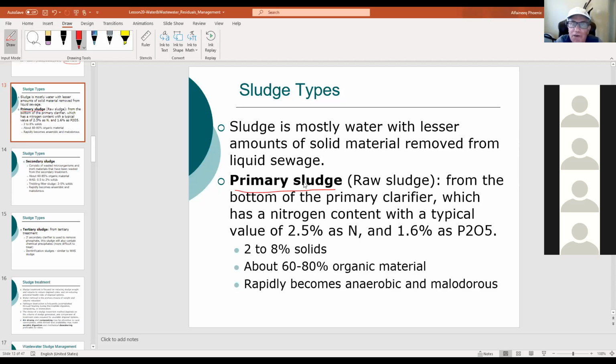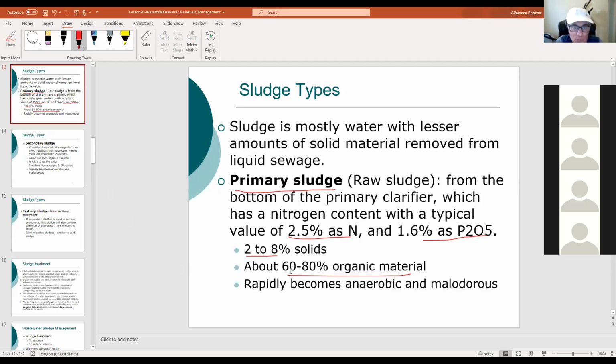In the primary, you might have nitrogen, phosphorus, solids, but mainly organic material. Remember we said in the primary, a certain amount of BOD is removed, but not all of it. So here it is still organic, but some of it is removed.